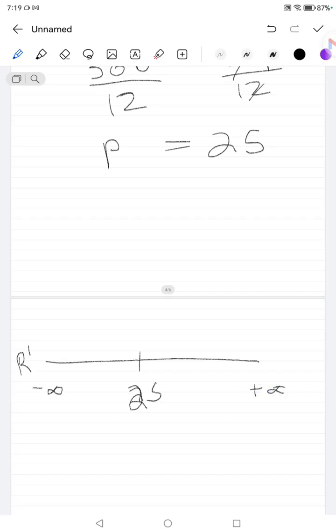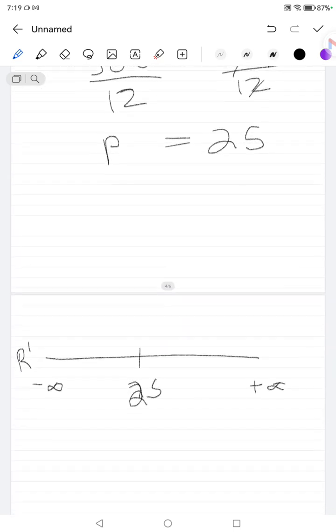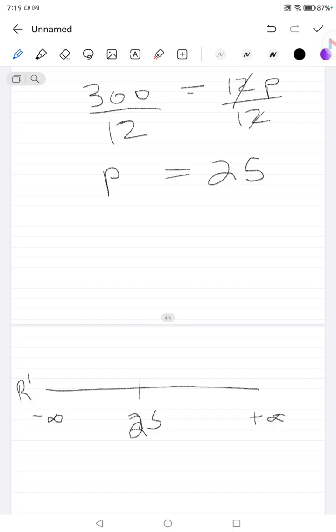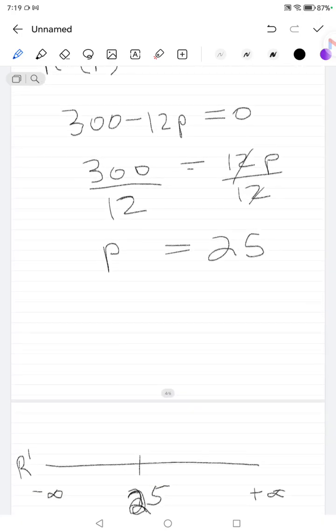Then you go to your number line, same steps that we did. You consider the values on the left hand side and also on the right hand side. If you input your 24 into this equation, are you getting a negative or positive? It's supposed to be positive and negative.